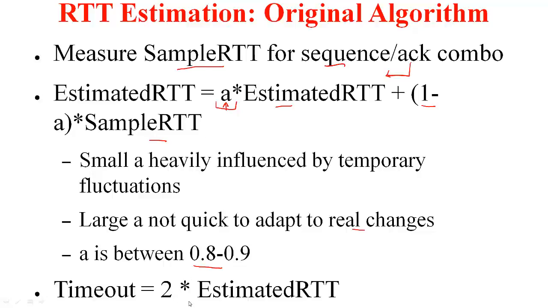And the timeout value was chosen as twice the estimated round trip time. This factor accounts for the variability in the round trip time. This works fine when the variability is small, but when the network is congested, the variability is going to be rather large, and it was turning out that you were retransmitting packets which were only delayed.